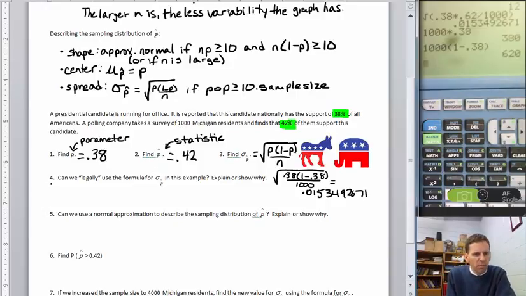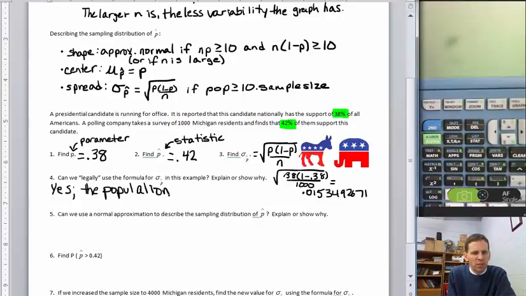So we're good here. And we're going to say, yes, the population, and I'm going to be specific about who I'm talking about here. I'm not just going to say the population is at least 10 times the sample size. That sounds like you're kind of just winging it. We're going to talk about who the population is. The population of all Michigan residents.